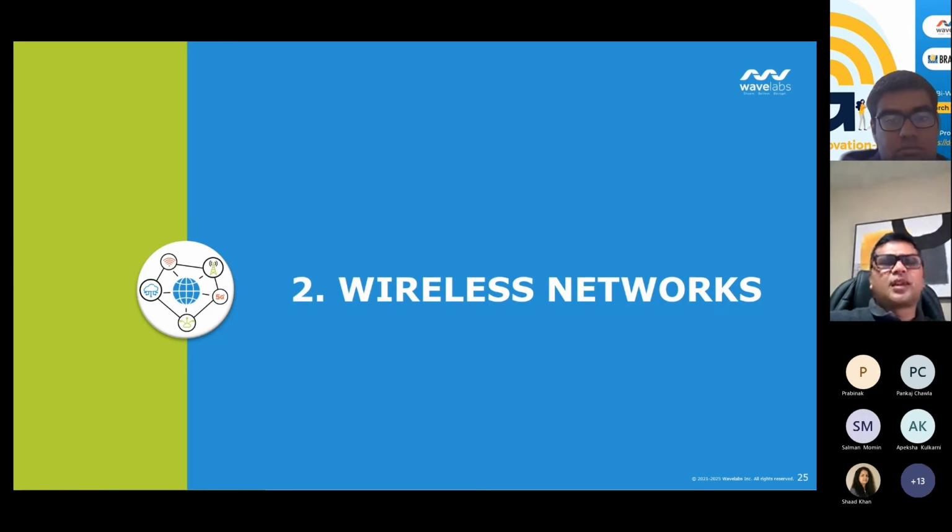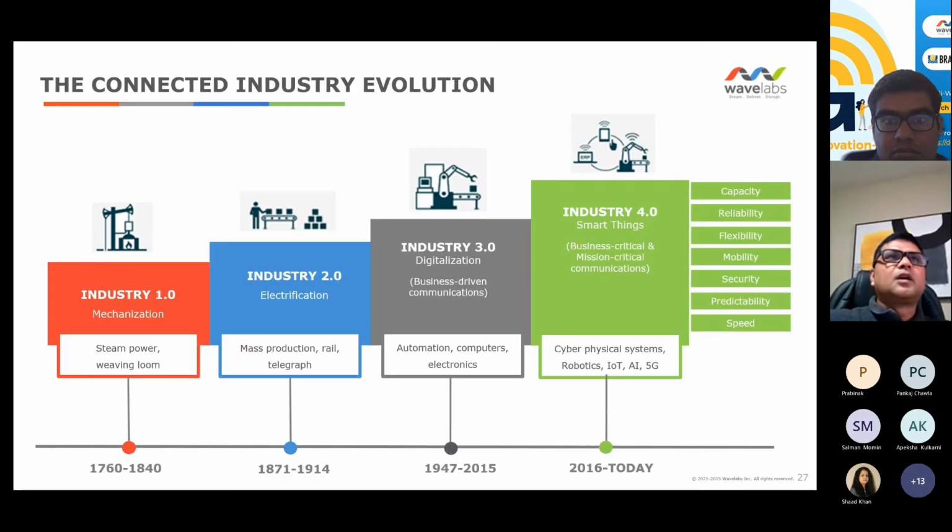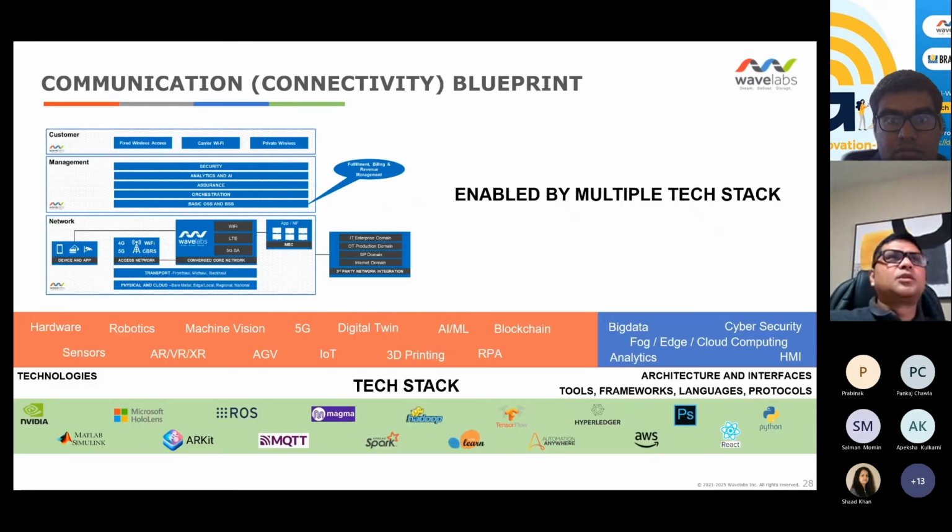And then we jumped into wireless networks. We looked at the evolution of wireless networks from 1G to 5G and how business-driven communications turned into business-critical and mission-critical communications that we are able to offer through 5G. Not only that, we also looked at how it can enable different industrial eras and different technologies that are out there, and how all these technologies come together to solve customer problems.